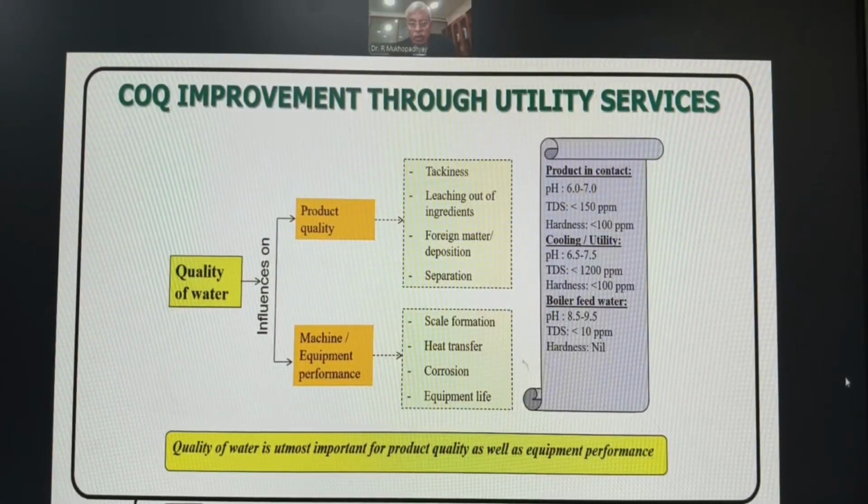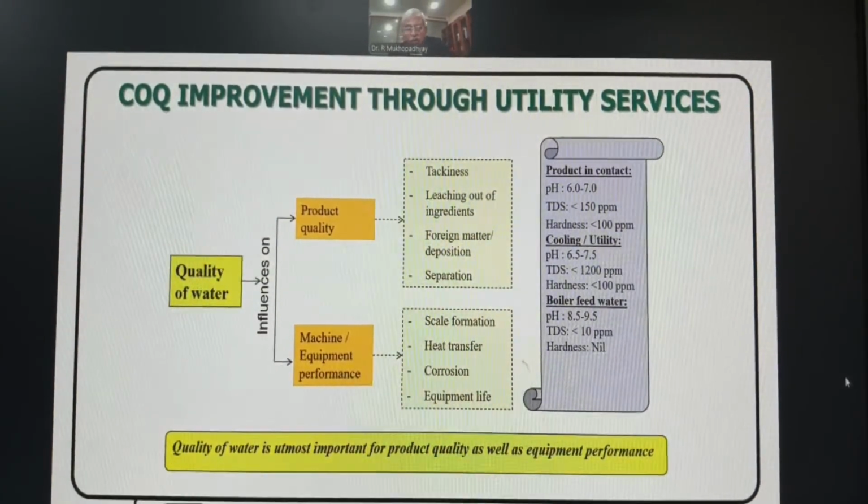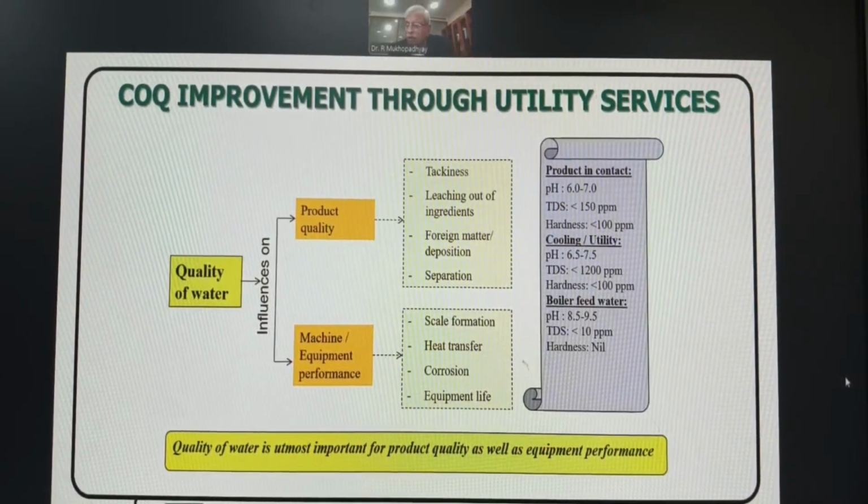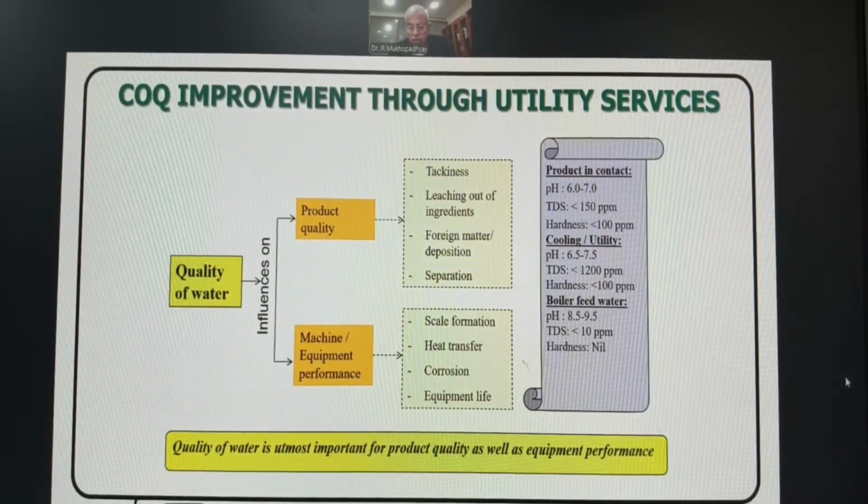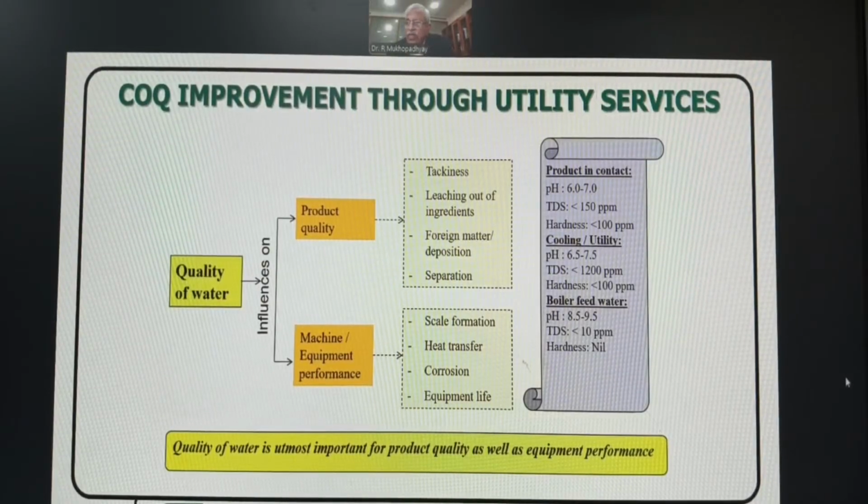Tackiness of the compound, leaching out of certain ingredients, foreign matter deposition and separation are all related to the quality of water. Similarly, if the quality of water is bad, then there is scale formation, poor heat transfer, corrosion, and reduced equipment life. The rubber industry generally does not pay that much attention to this. That is the reason they get variability.